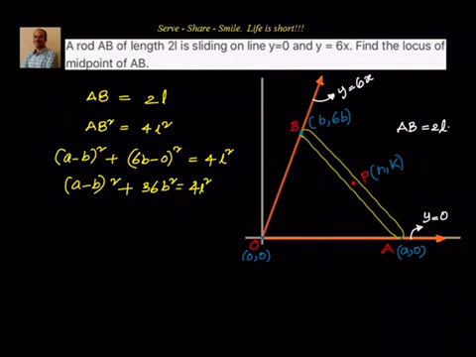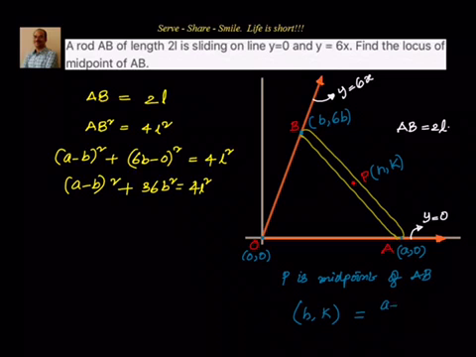Now let us see how we can transform a and b into h and k. We know that P is the midpoint of AB. That means the coordinates of P, which are h comma k, should be equal to the midpoint of AB.